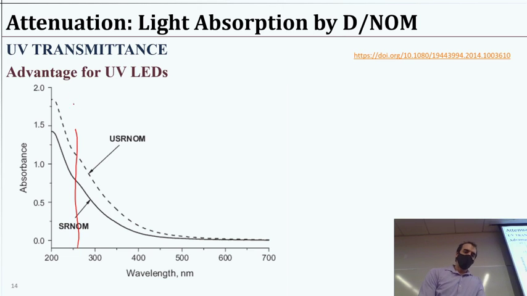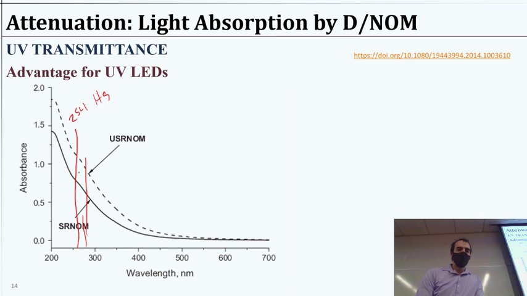And so if you take a look at this, this would be our typical 254 mercury emission, something like that. Then you can compare that to maybe tuning even just 20 nanometers different. You're still in the germicidal curve, but you're at like 280 or something.